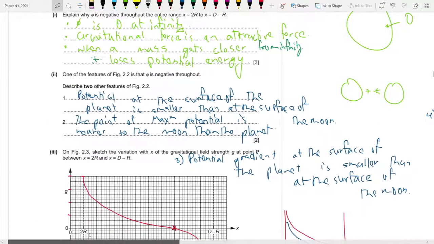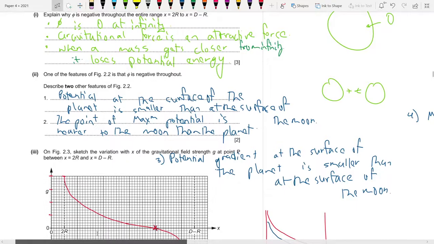And last but not least, that's more or less it.